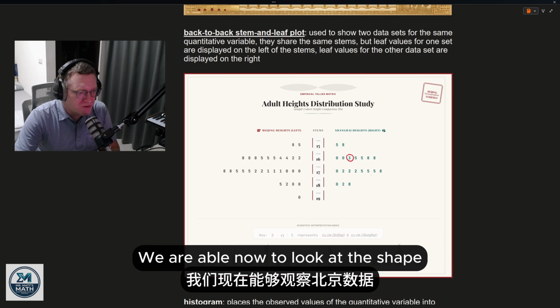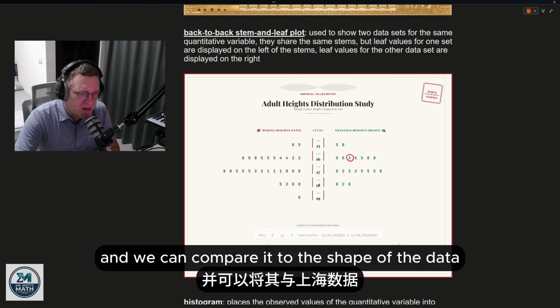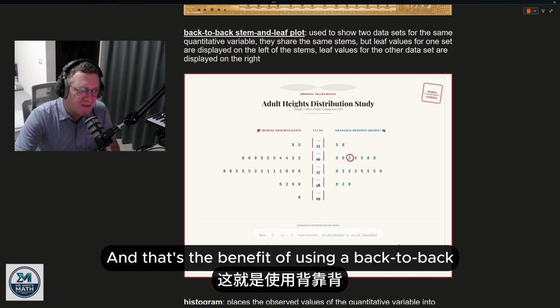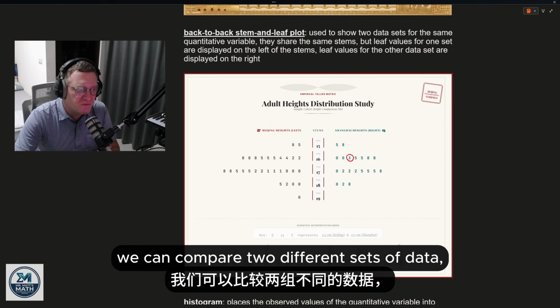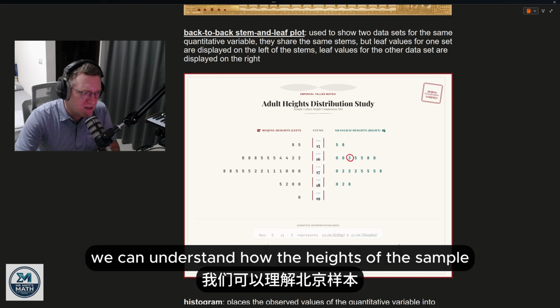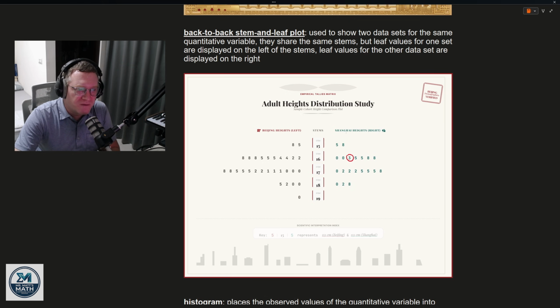We are now able to look at the shape of the data for Beijing and compare it to the shape of the data for Shanghai. That's the benefit of using a back-to-back stem and leaf plot: we can compare two different sets of data and understand how the heights of the sample for Beijing are different from the heights in the sample for Shanghai.